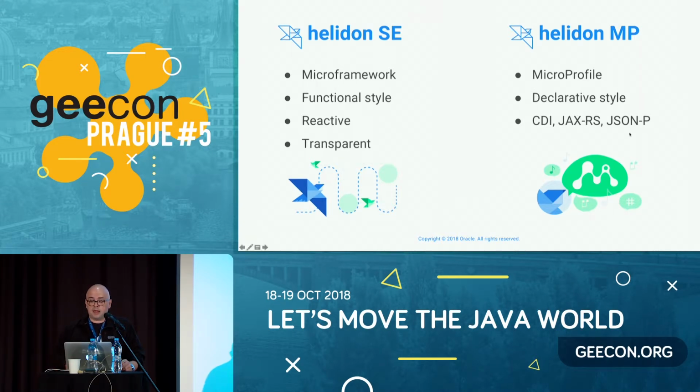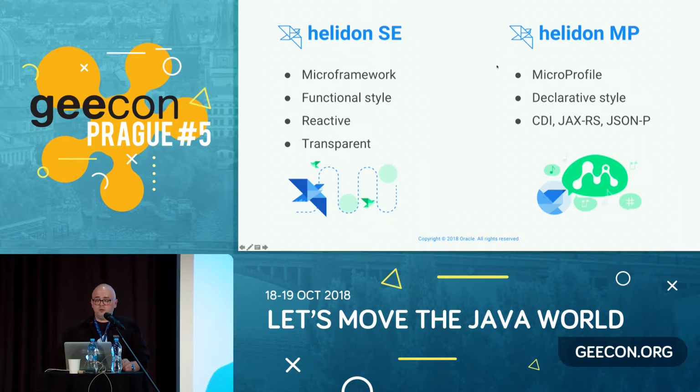And the second part of Helidon is Helidon MP. This is an Eclipse MicroProfile implementation, providing a development experience familiar to Java EE, Jakarta EE. So this is declarative style, and Java EE components such as CDI, JAX-RS, and JSON-P are part of that.